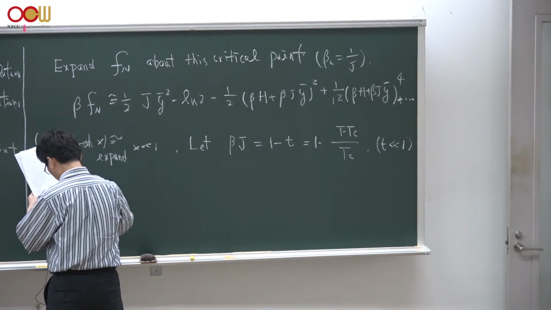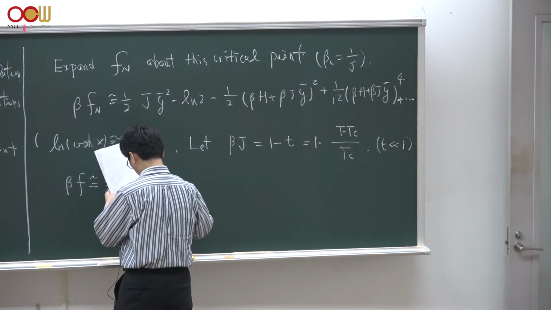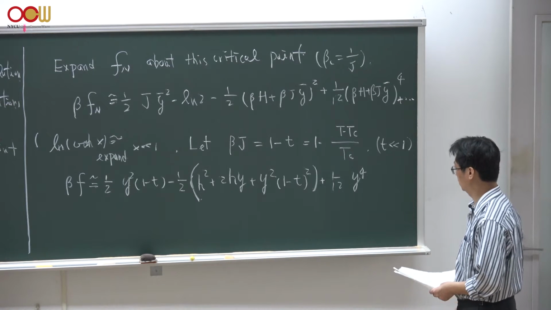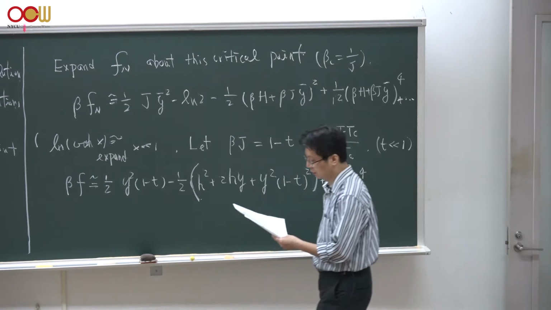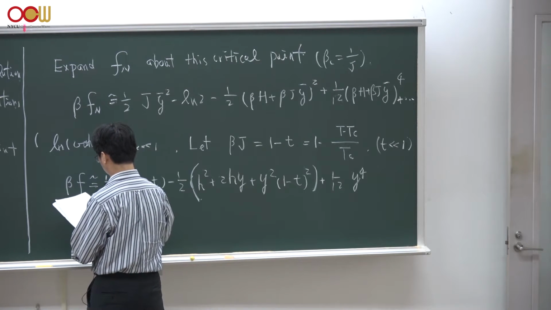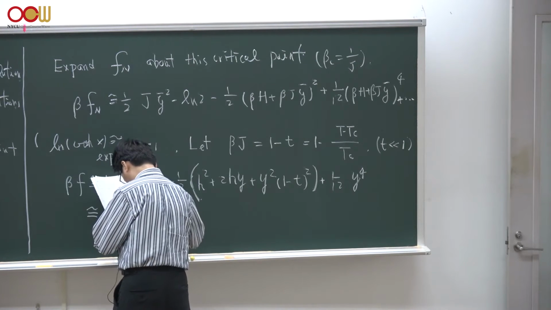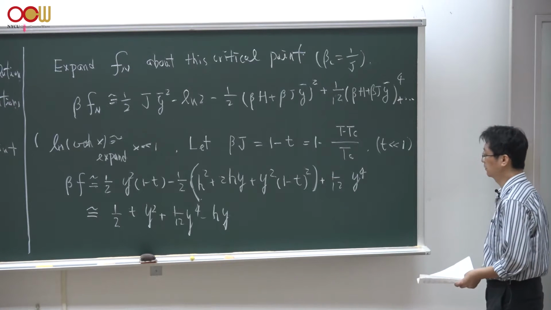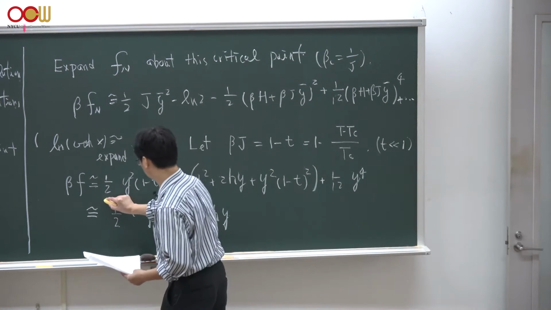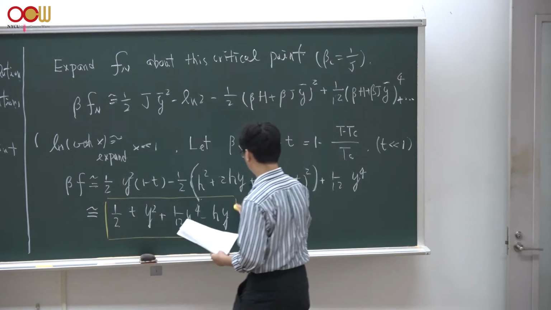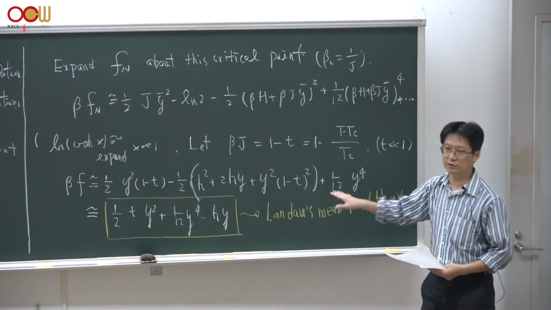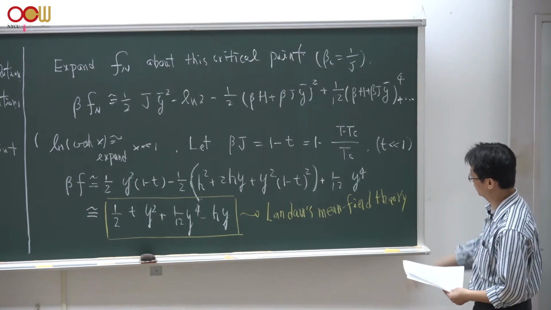So beta f can now be expanded in terms of polynomials of little t and y, plus some constant terms like this. We could simply consider the leading contributions in powers of t or y, and forget about the other terms. This leading free energy near the critical point is Landau's mean field theory, which we will discuss later and come back to again.